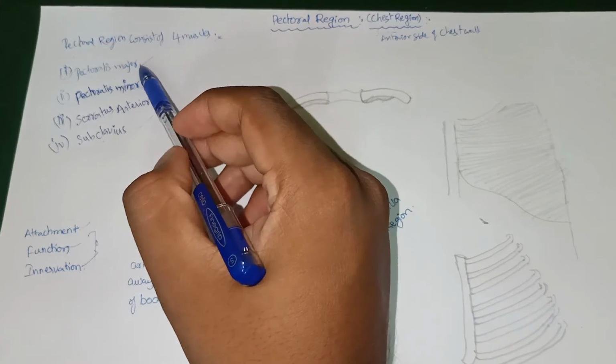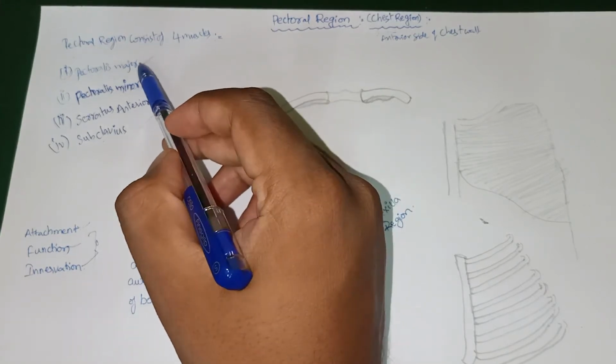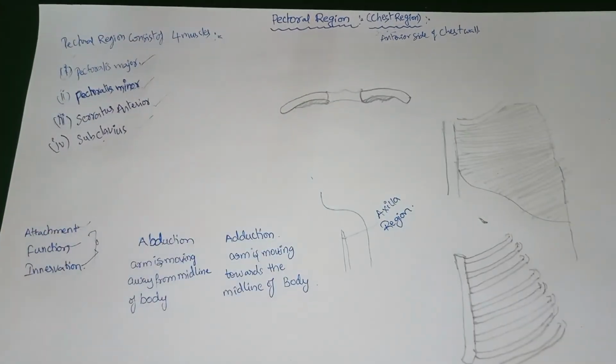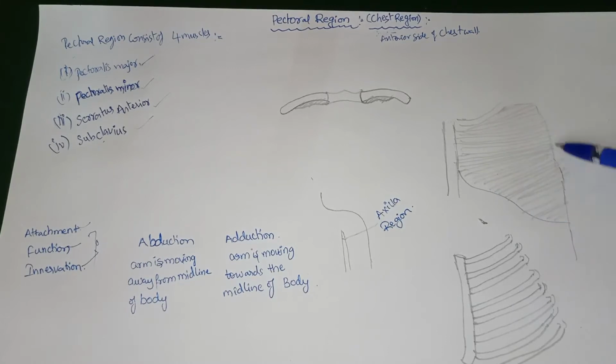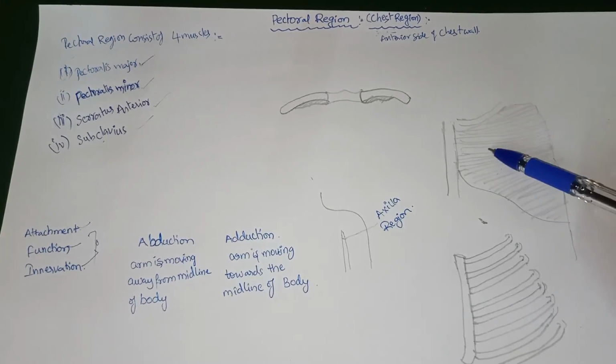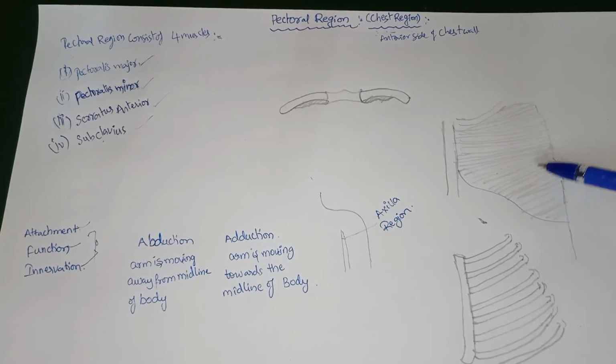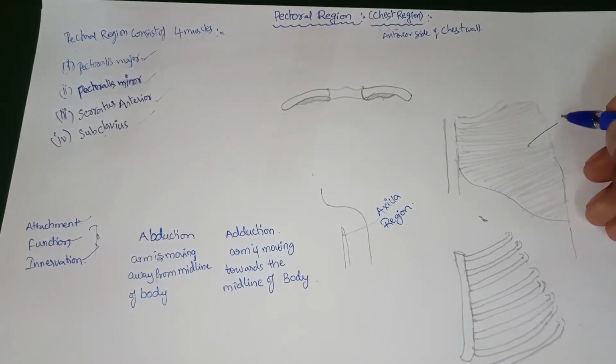What is the name of the first muscle? The first muscle is the pectoralis major muscle. As you can see in the diagram, this is the chest, the anterior chest wall. This whole part is called pectoralis major.